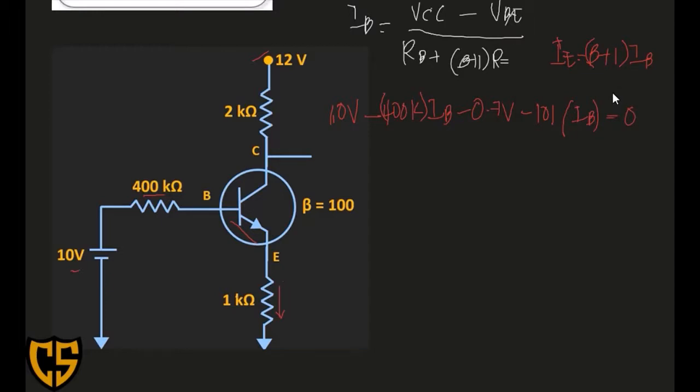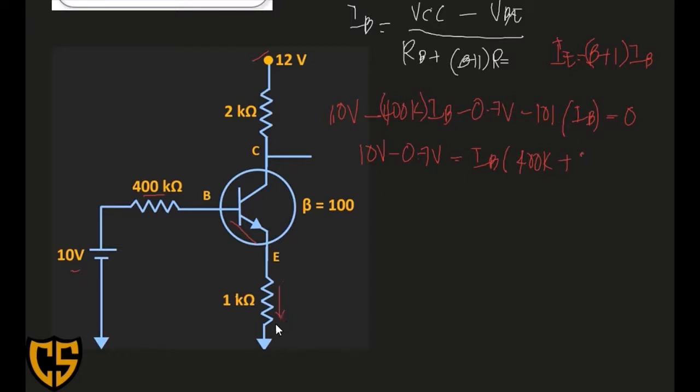So, in order to find the IB, pwede ito siya transpose sa right side of the equation. We will have 10 volts minus 0.7 volts is equal to, so maging positive na siya, IB times 400K plus 101.